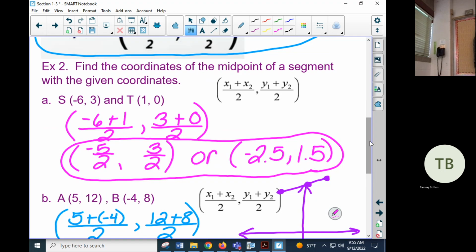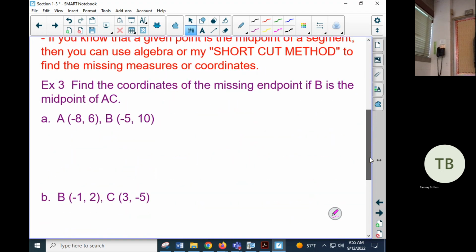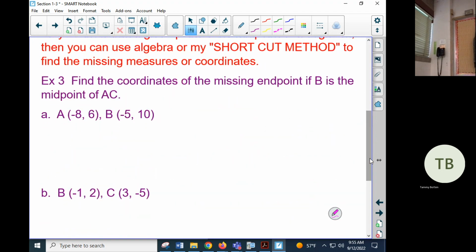If they want the midpoint and give you the endpoints, for example one of the endpoints is (-6, 3) and another is given, we want the midpoint. That is when you use the midpoint formula. The second kind you're going to have today is when they give you the midpoint and you're looking for one of the endpoints.